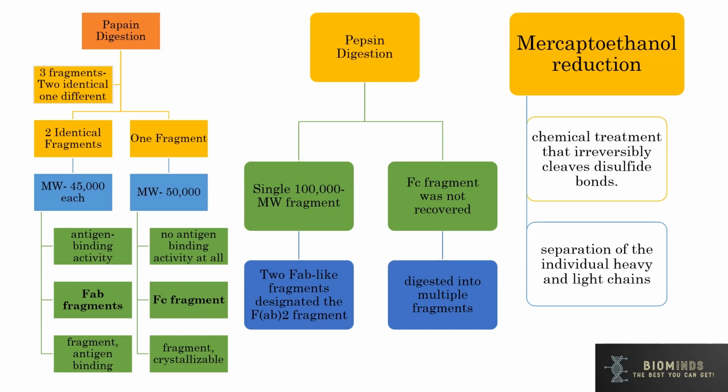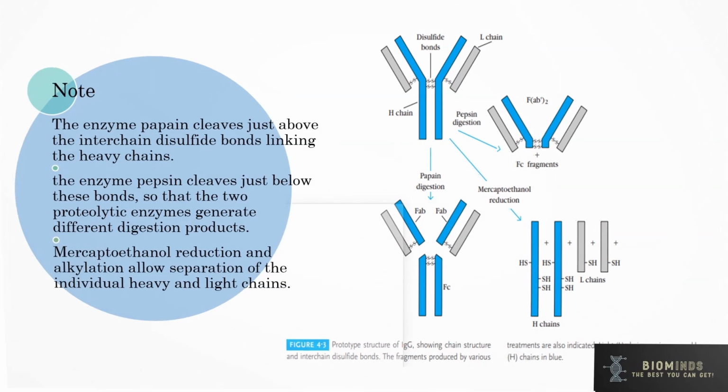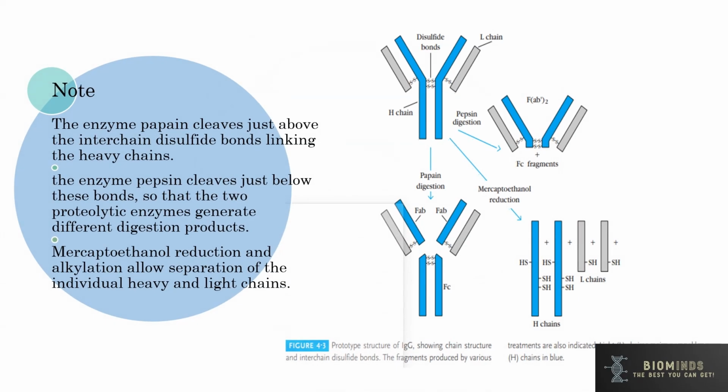Here you can see in this diagram, this is the basic structure of your antibody. Here we have the Fc fragment. After the papain digestion you get three fragments, one Fc and two Fab fragments. With mercaptoethanol, the disulfide bond is cleaved and you get four chains, two heavy and two light chains.